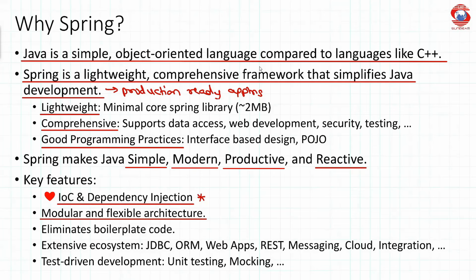But when Spring came, why Spring became popular is that Spring never said all or nothing. Spring says, तुमको क्या करना है तुम बताओ, you want JDBC, no worries, I will come and help you for JDBC. तुमको ORM करना है, no problem, I will help you for ORM. तुमको वेब एप्लीकेशन बनाना है, no worries, start making a web application, I will help you for that. Wherever you need help, I am there.